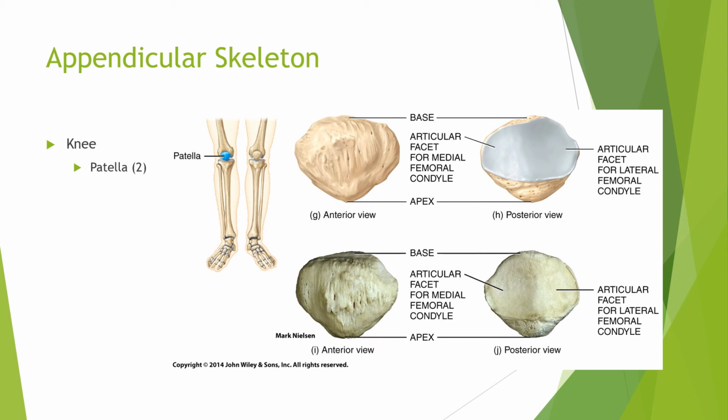The knee region, or the patellar region, is made up of the patella, a sesamoid bone. It looks like a triangle, therefore it has a base and a pointed region that is called the apex.